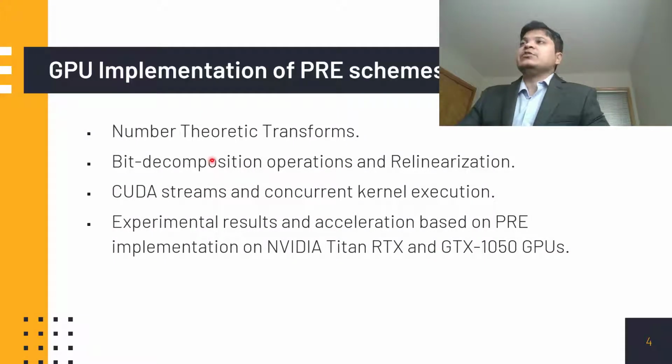To understand the GPU implementation of our PRE schemes, we describe the underlying components that constitute the critical procedures in our PRE schemes, which is mainly the re-encryption operation. These underlying components that can be targeted for performance boost are mainly the number theoretic transforms, the bit decomposition operations, and lastly and most important of them, the relinearization operation.